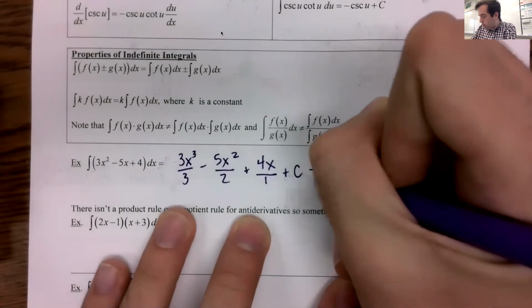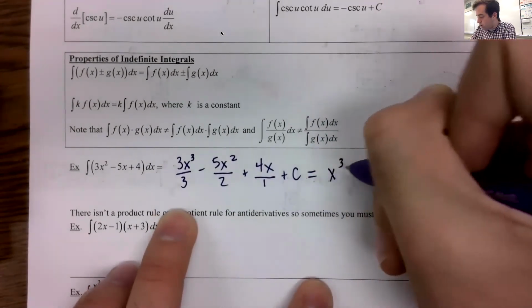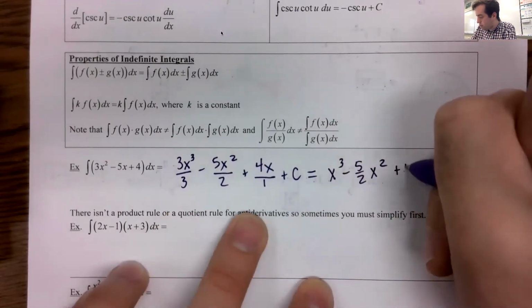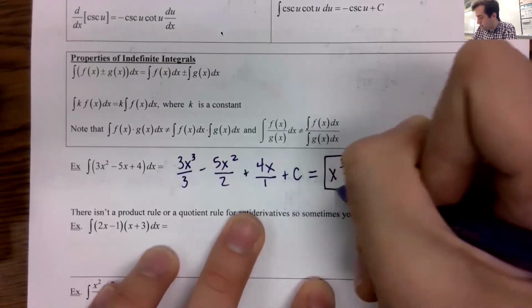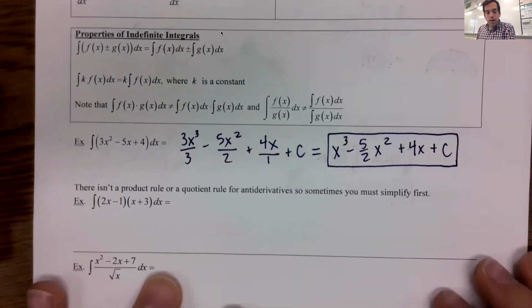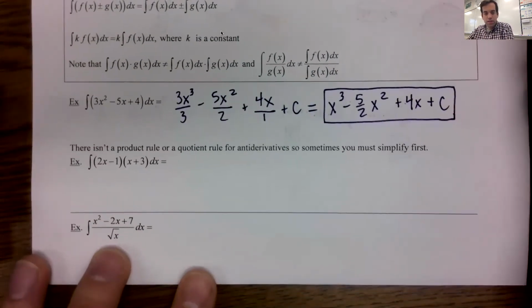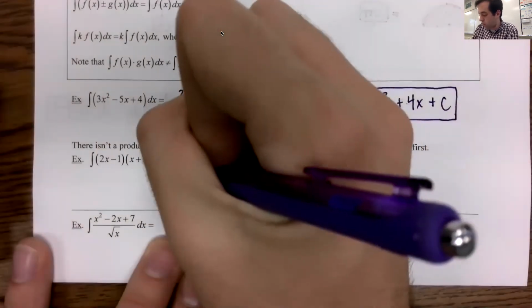But I'm going to do one more step here just to simplify this. So this is going to become x cubed minus 5 halves x squared plus 4x plus c. There is no product rule or quotient rule for antiderivatives, so sometimes you must simplify first. So I'm going to FOIL this, then take the integral.